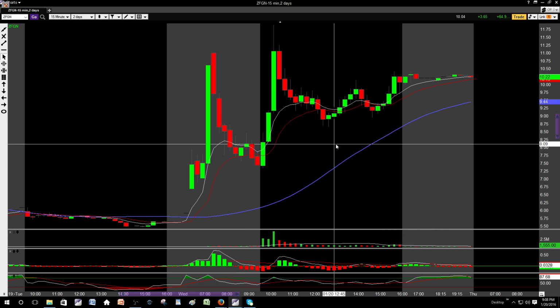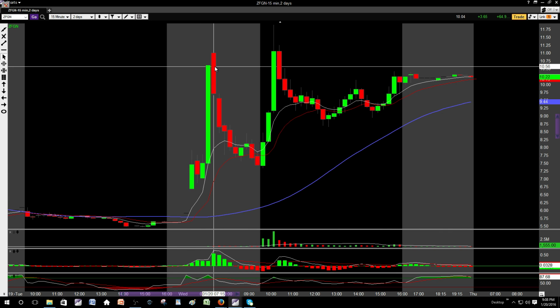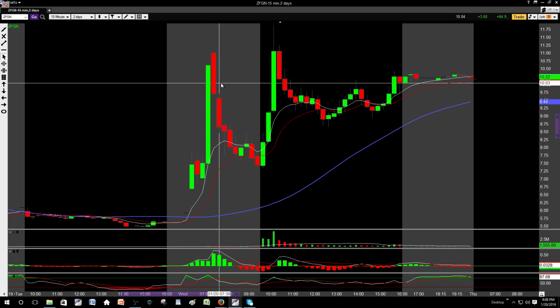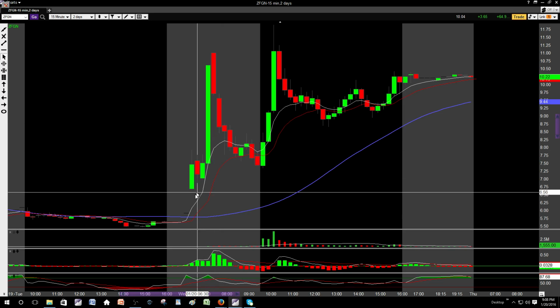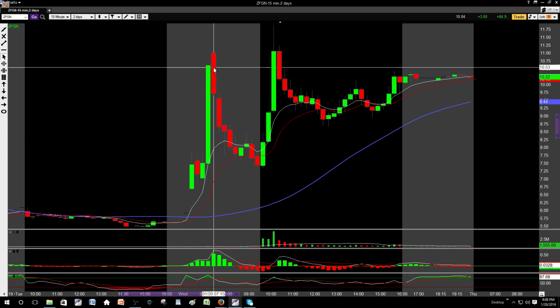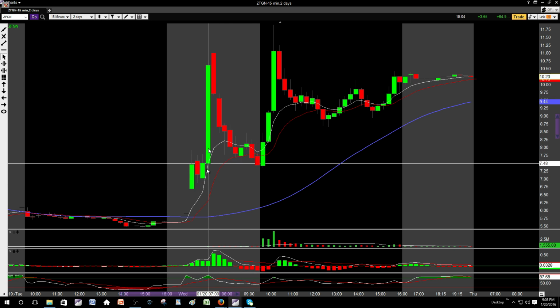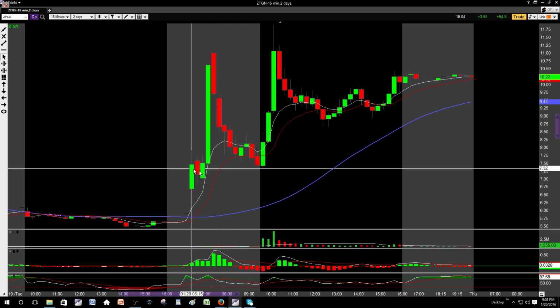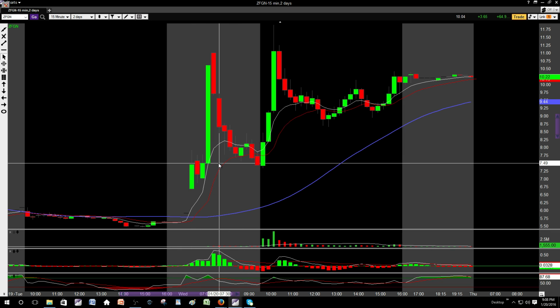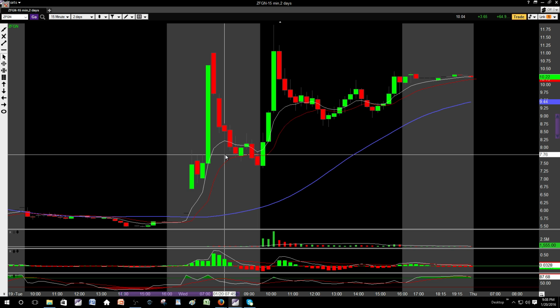Take for instance this one this morning, ZFGN was already gapping up, obviously. I think it was phase 3, met primary endpoints, am I right? And so the thing with this stock is this morning in pre-market it gapped up and it already filled its gap pre-market. Not the complete gap, because it never needs to actually fill a complete gap in any stock. People like to see nice clean charts and nice clean patterns, so they always say gaps have to be filled. Gaps don't have to be filled.